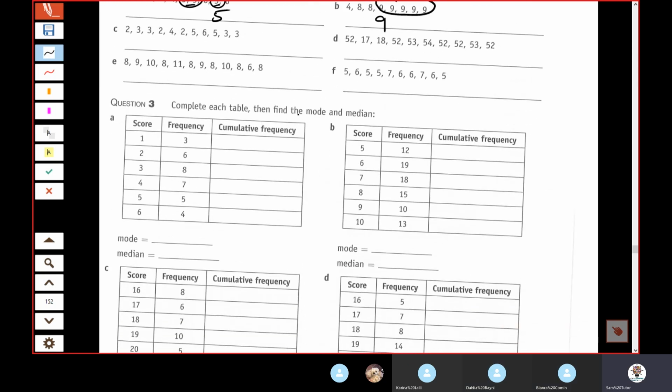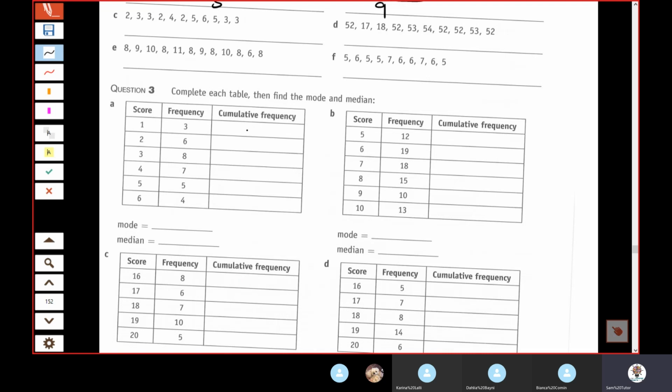So that's easy. We did cumulative frequency. So again, try to link it to something you've learned, and remember what we're meant to do with cumulative frequency. You have to add. So the first one will be 3 and then the next one will be 9.